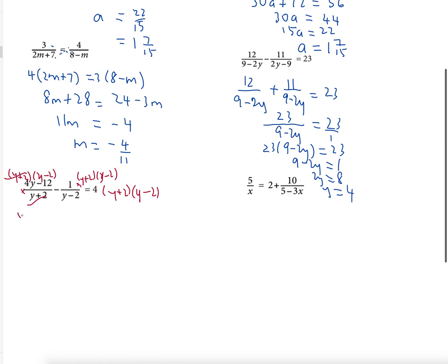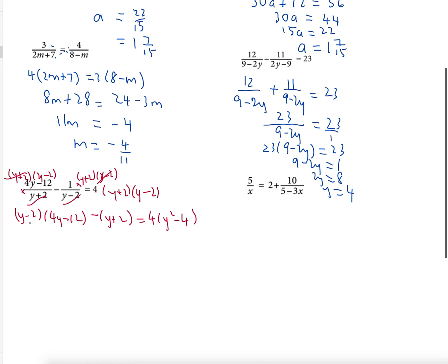So here I will have y minus 2 times 4y minus 12. And here I cancel. I will have minus bracket y plus 2. And on this side is 4 times y squared minus 4.